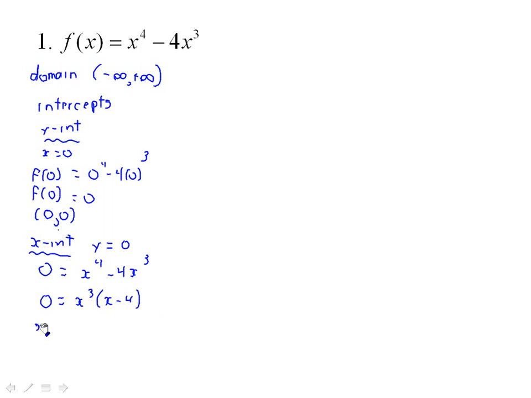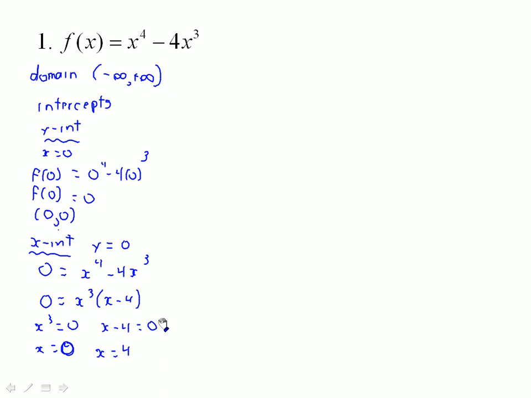So now we would have x to the 3 is equal to 0. So x is equal to 0. Now if you think back to the old days in math, you would say that that was a root with multiplicity of 3. So you could think of it as there being 3 x-intercepts at that point. But that's all. I'm not going to worry about that. We just take the two intercepts of 0 and 4 and work with those.